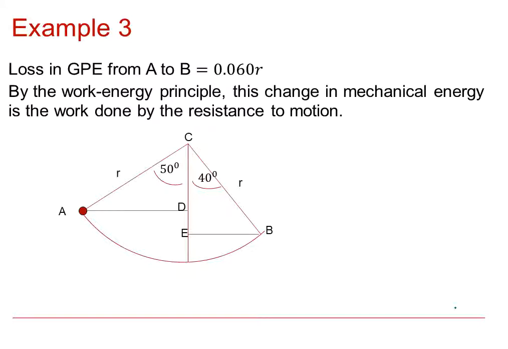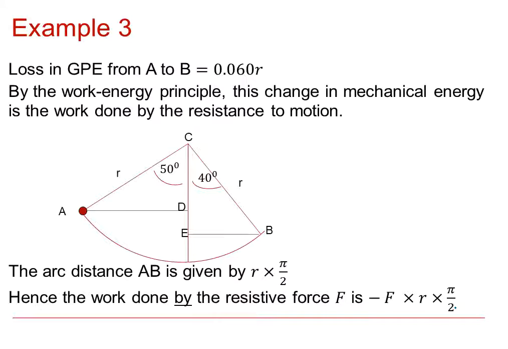Now by the work energy principle, this change in mechanical energy is going to be the work done by the resistance to motion. So we need to think about the work done by the resistance. The first thing we need to do is to find the length of the arc, because we need the distance travelled by this resistive force.